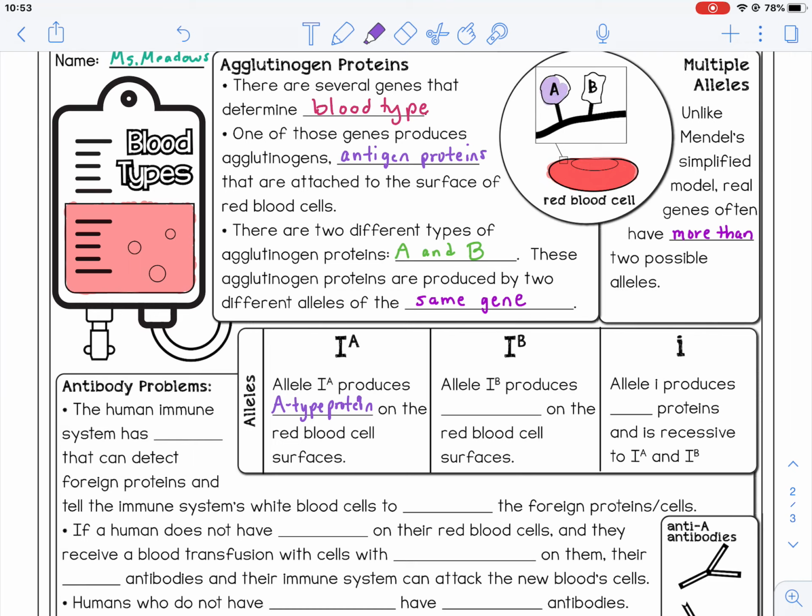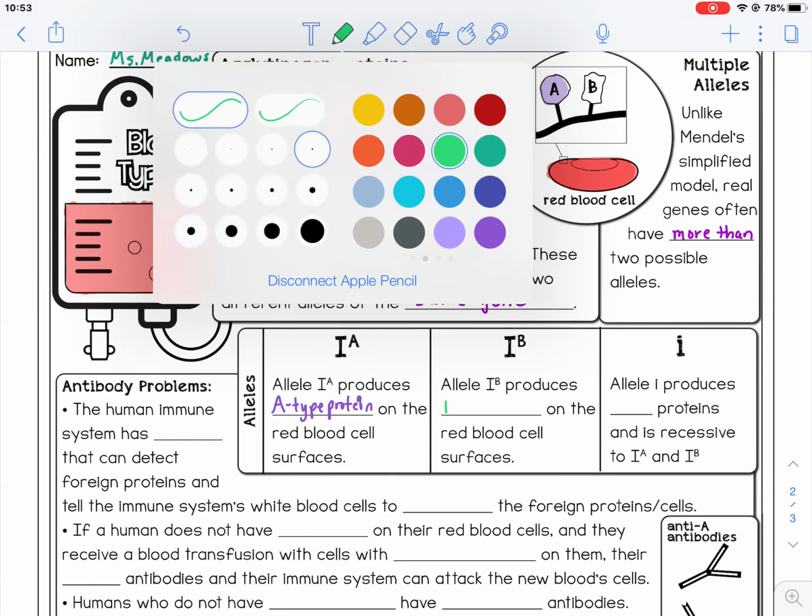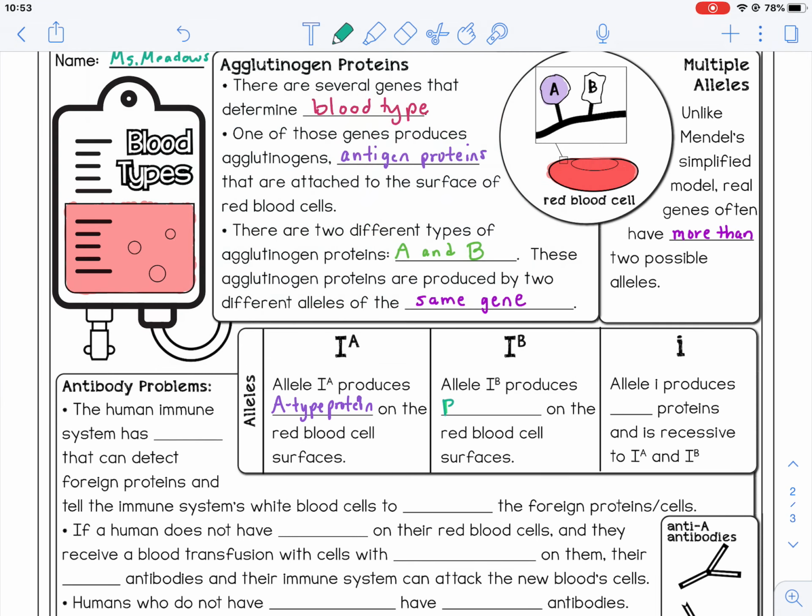So you see this little A type protein up here. With IB, it produces a B type protein on the surface of the red blood cell.